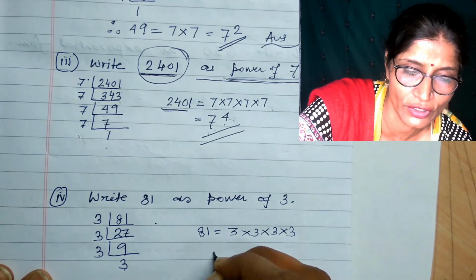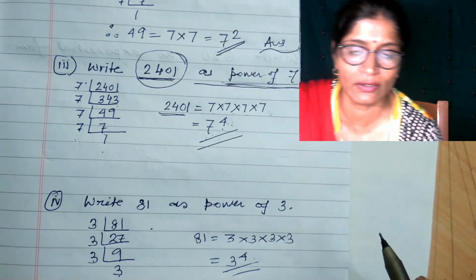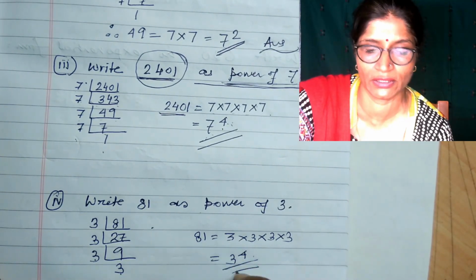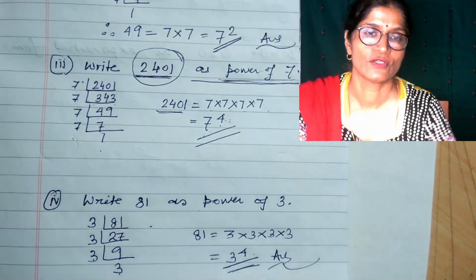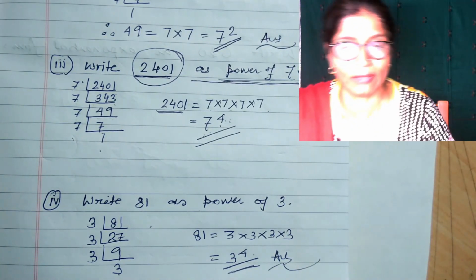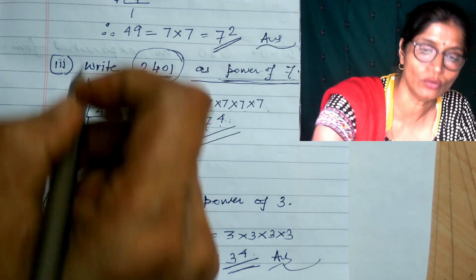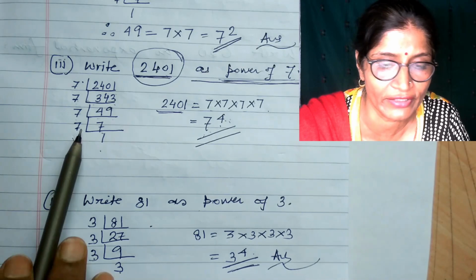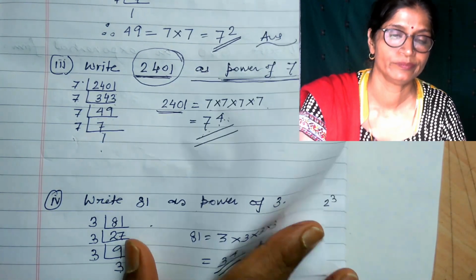So in exponential form, it is 3 to the power 4. So 81 as a power of 3 is what? 81 is equal to 3 to the power 4. So in this way, whenever a number is given, you have to write it in terms of power. Then you do the prime factorization and then you can write it in exponential form.